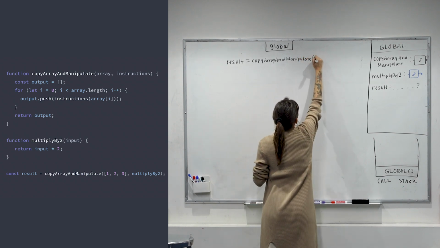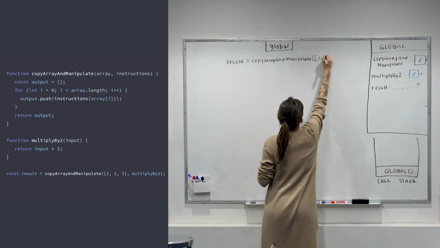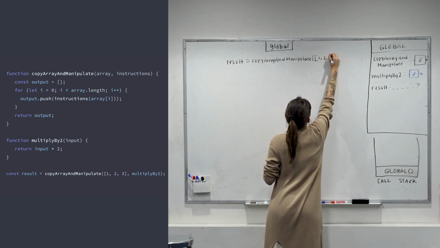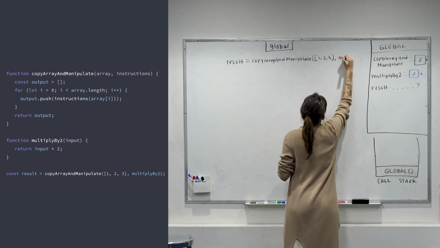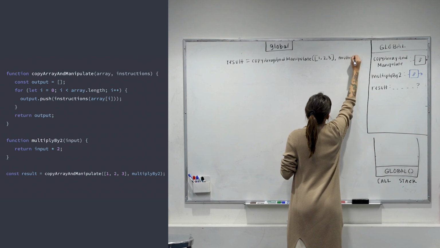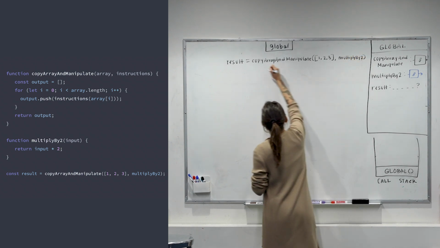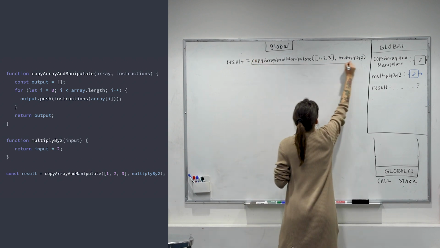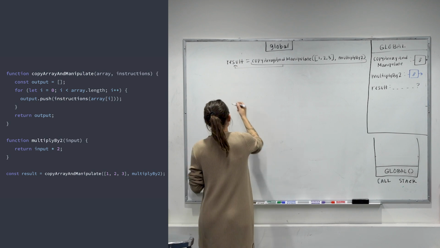And like you said, we're passing in an array with the values 1, 2, 3. And we're passing in the function definition of multiply by 2. Super. All right, and like you said, we need to open up a local execution context.